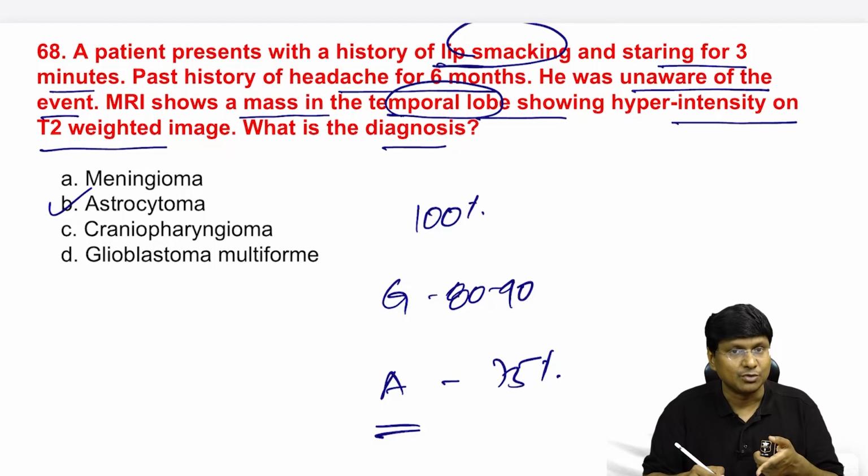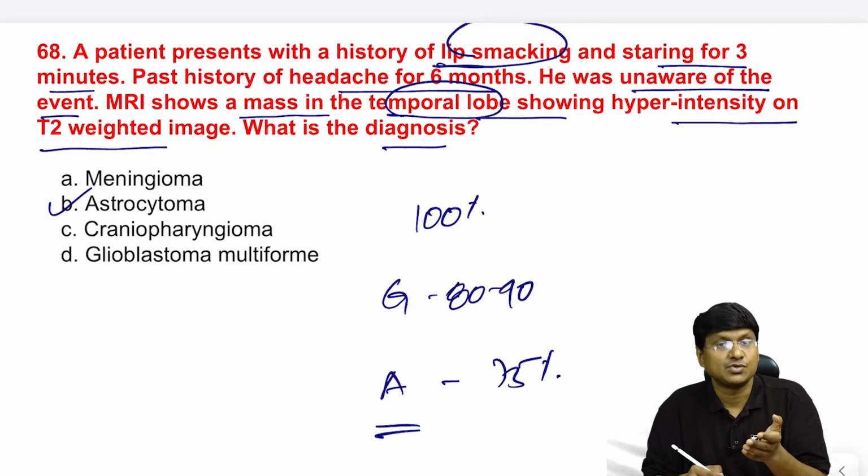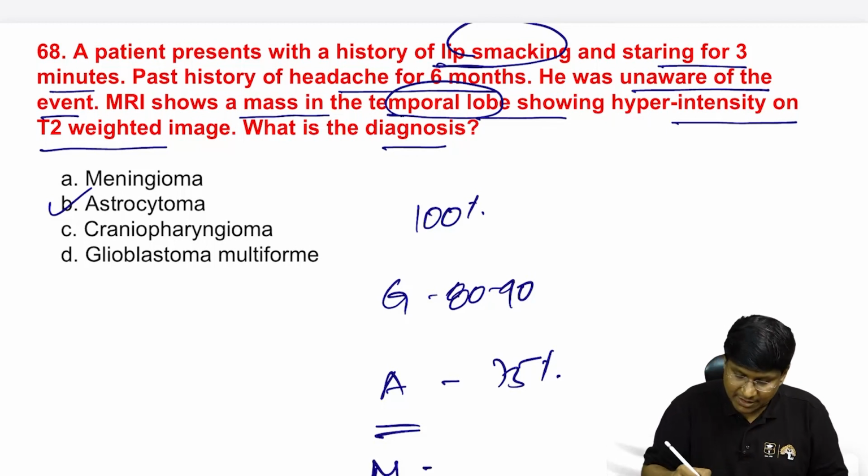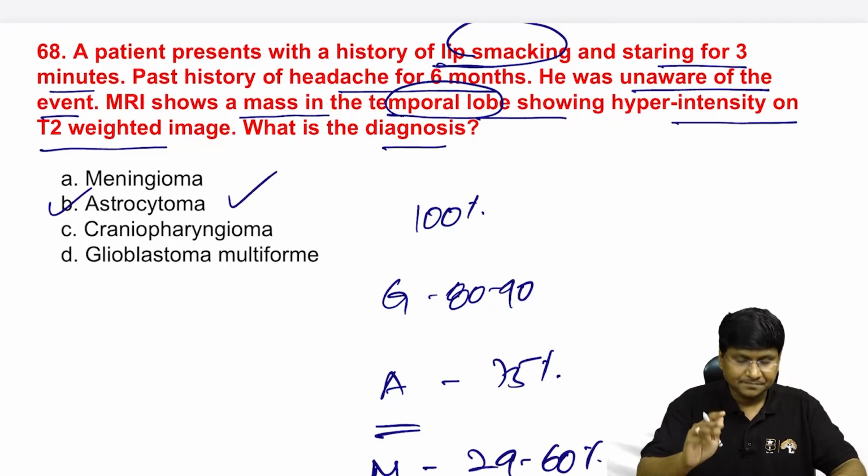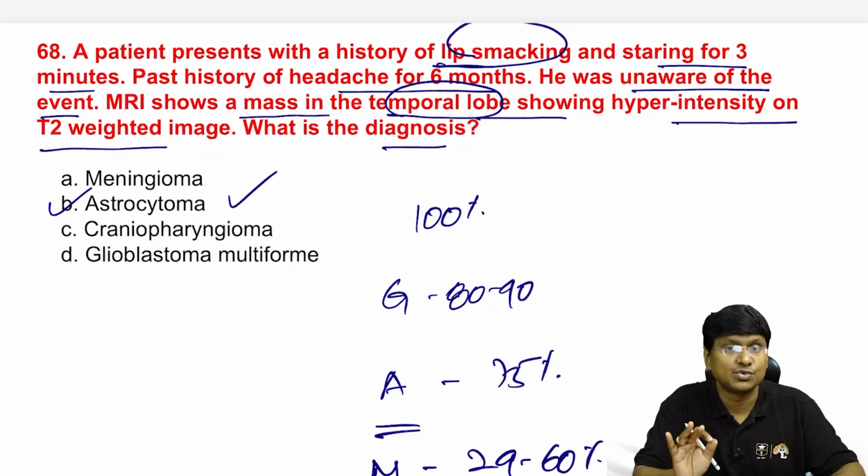Next to astrocytoma, the next most common tumor associated with epilepsy is meningioma, but the percentage is only 29 to 60%. So that is the reason why the answer is astrocytoma.